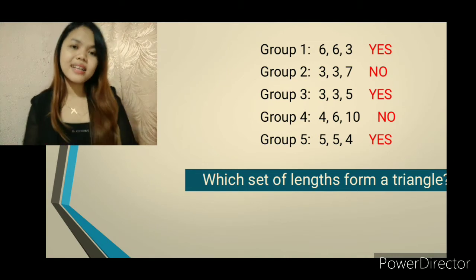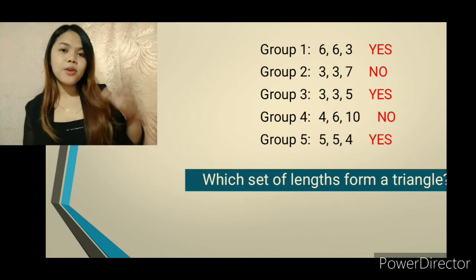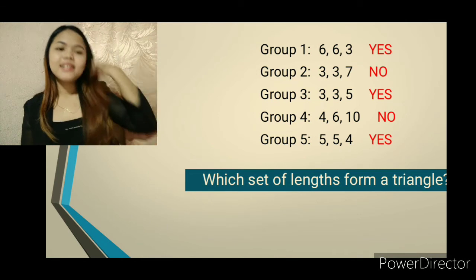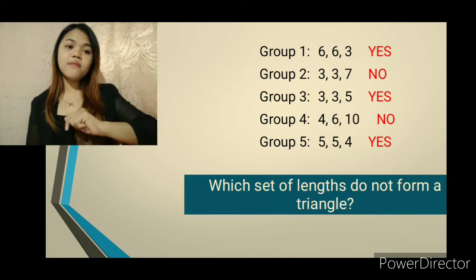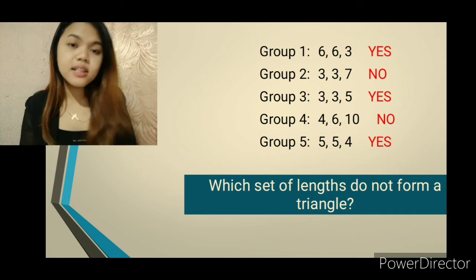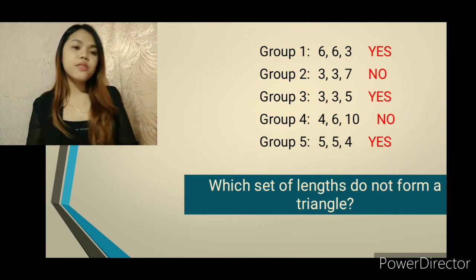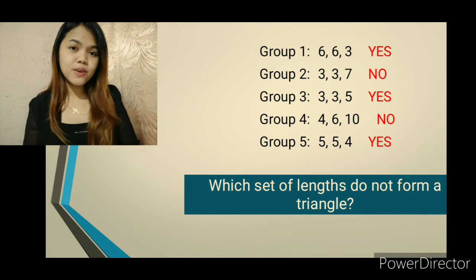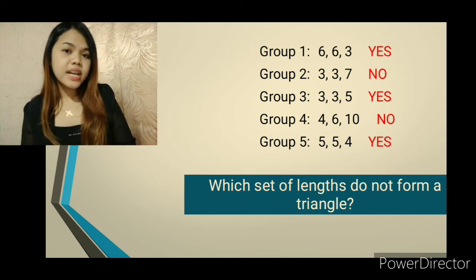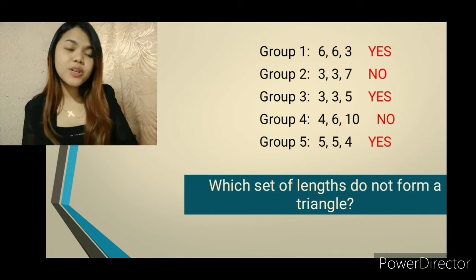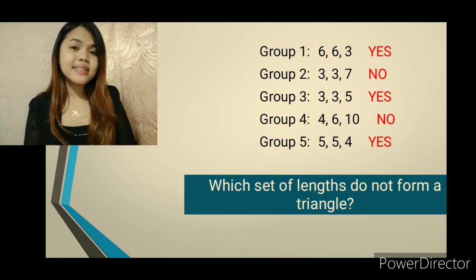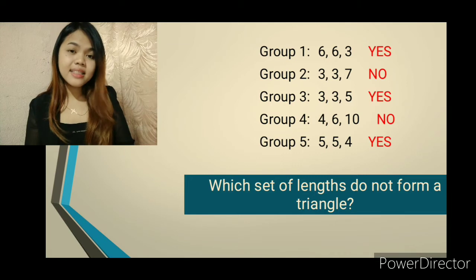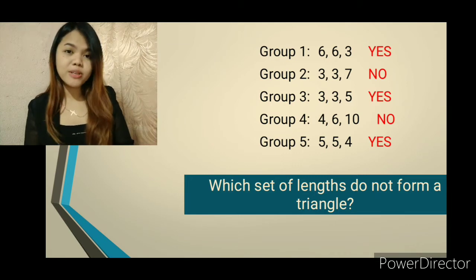Don't worry, class. We will discuss more on that later on. Okay? So here, which set of lengths do not form a triangle? You have 3, 3, 7 for group 2. If the two shorter lengths are less than the longest length, then it cannot form a triangle.